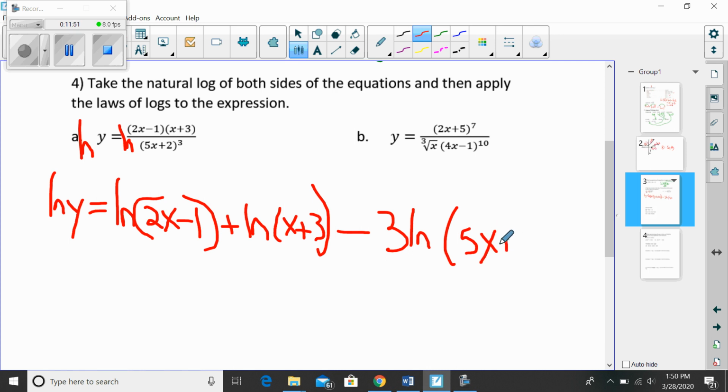And then life in calculus will be so much better when you take a nasty looking thing like this and write it this way instead.